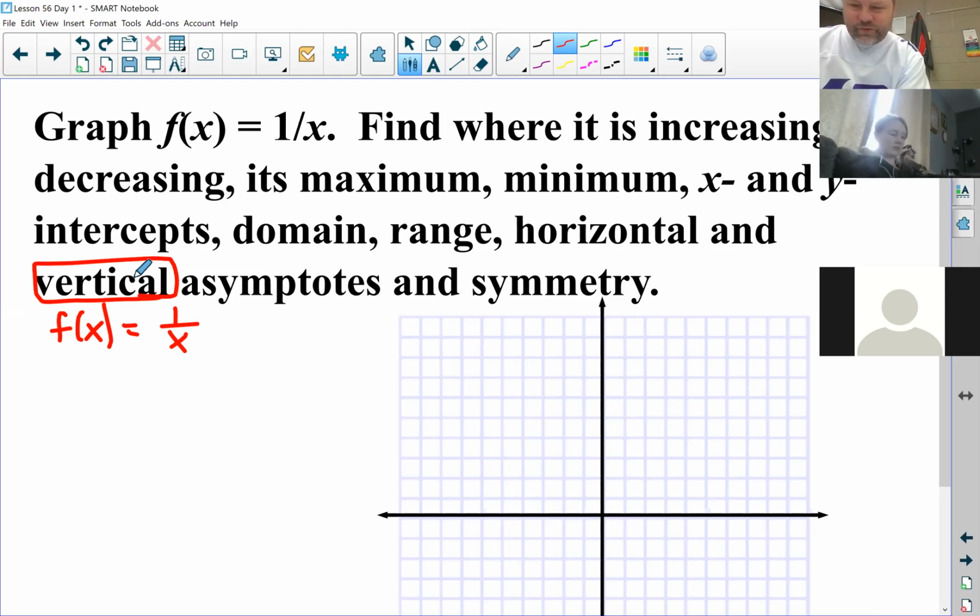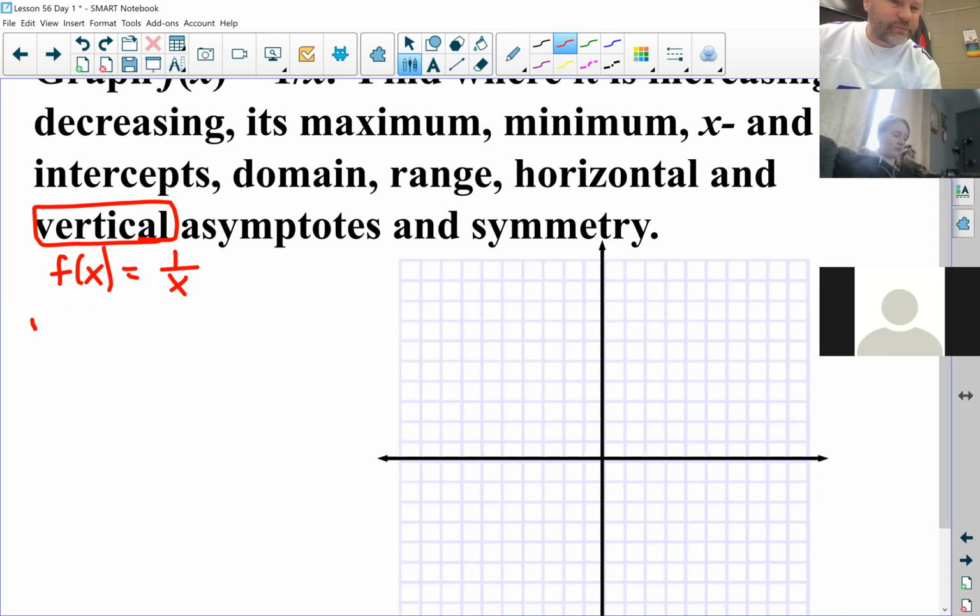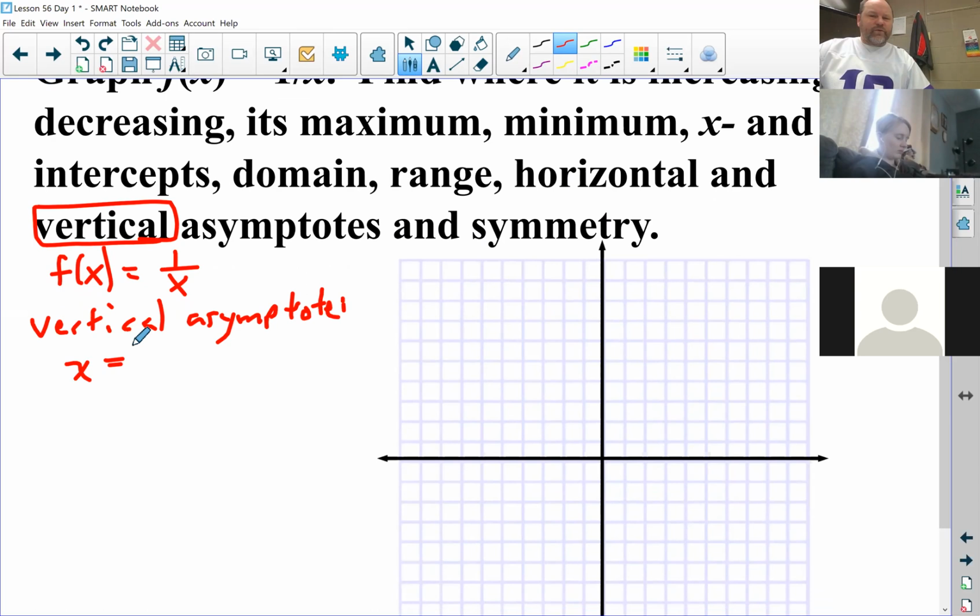So I'm actually going to start with that. And what number would I plug into the denominator to make it 0? 0. Yeah.